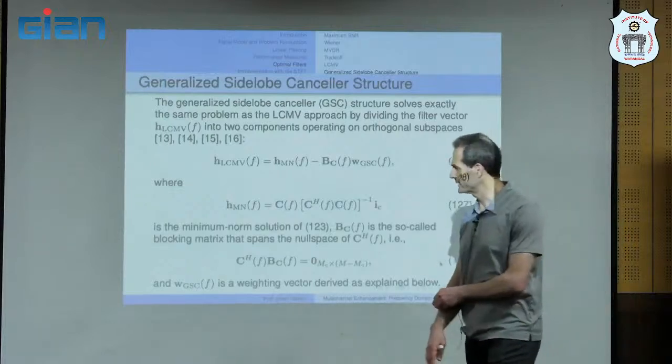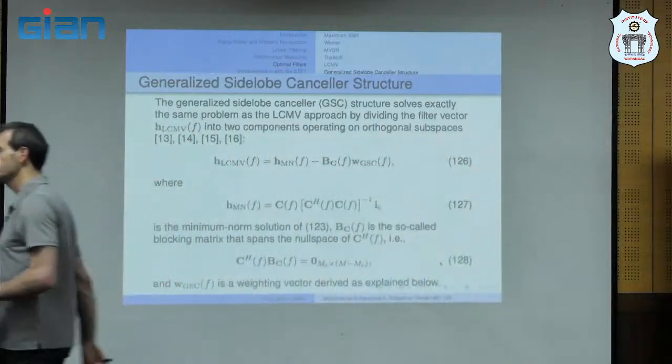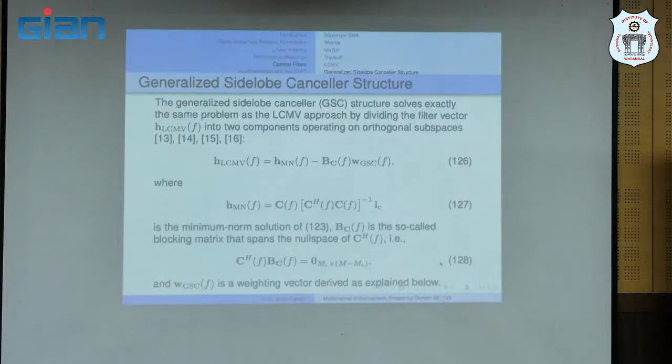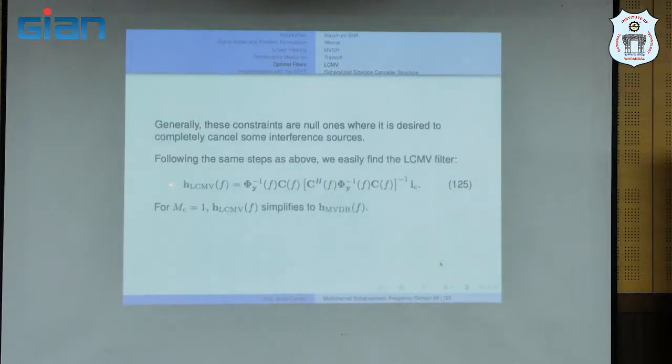So instead of a direct solution to the LCMV, what we showed here, with the inverse of the matrix phi y and so on, we will implement it differently. But it's important, and we have 10 minutes, so I don't want to talk about it now. I will talk about it tomorrow.